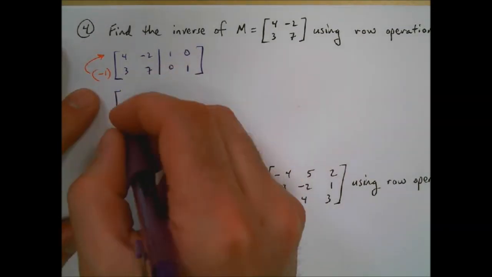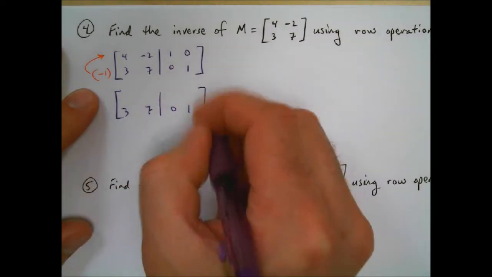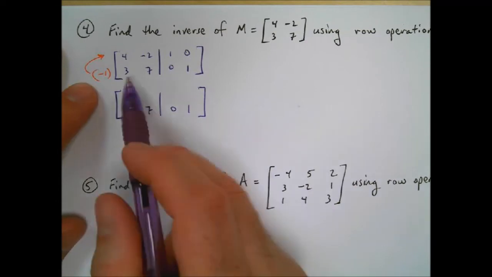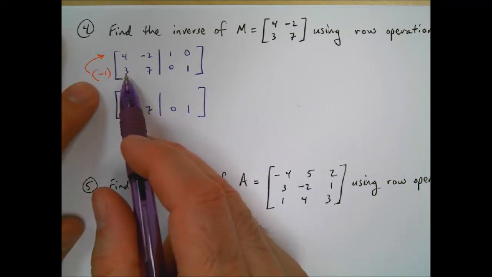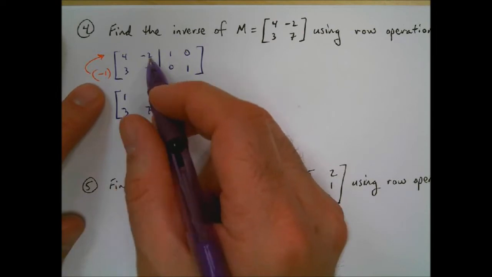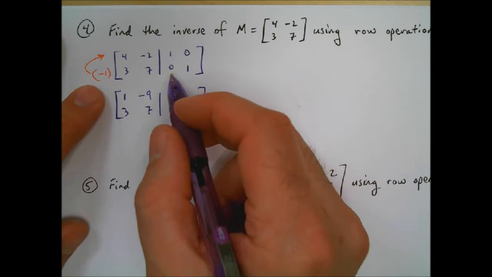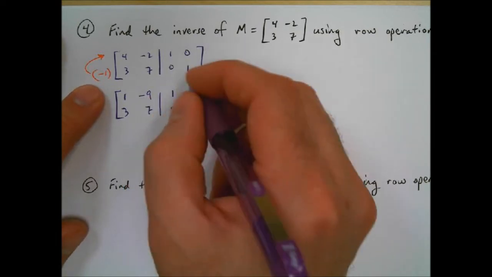So the bottom row is not changing. Okay, so -3 plus 4 is 1. -7 minus 2 is -9. 0 plus 1, -1 plus 0.